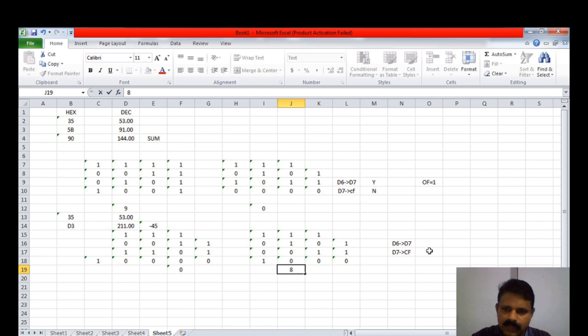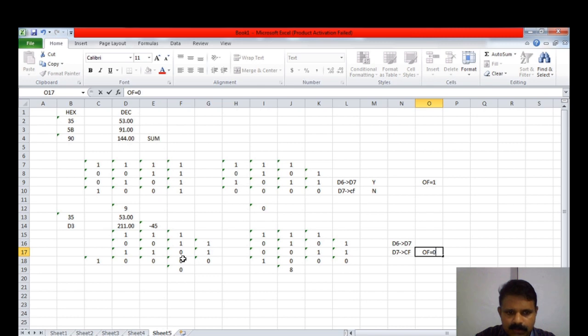Here the overflow flag is equal to 0. The overflow flag will not set because the result 08 is in our range. This number is in our range, so there is no overflow.